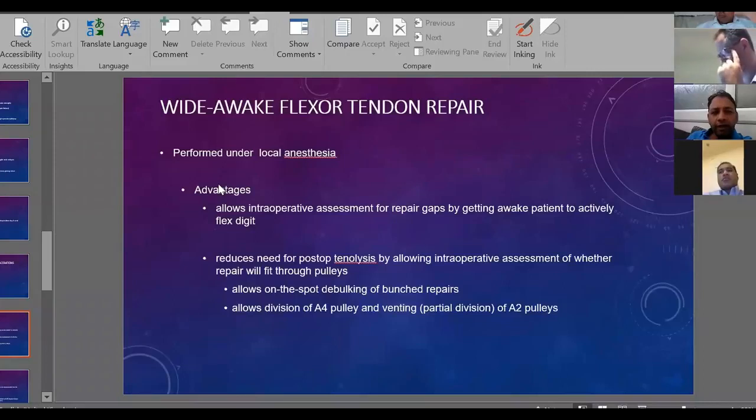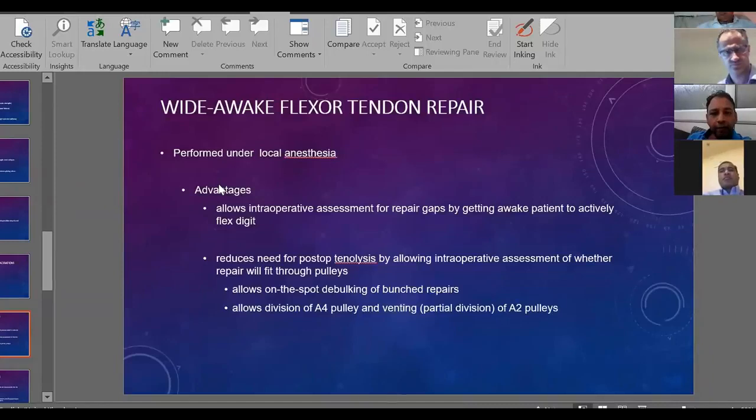So advantage of the awake repair, it allows intraoperative assessment for repair gaps by getting the awake patient to actively flex the digits. It reduces the need for post-operative tenolysis by allowing intraoperative assessment of whether the repair will fit through the pulleys or not. And it also allows on the spot debulking of the bunched repair if your repair is too bulky.